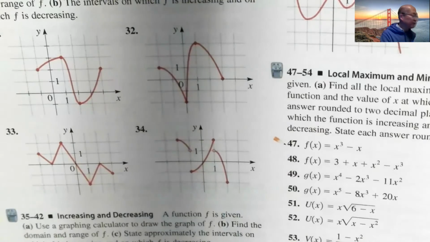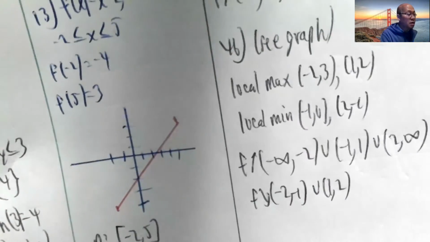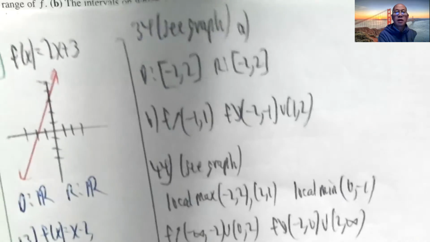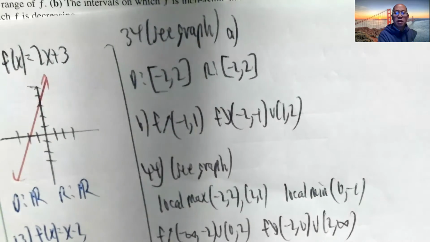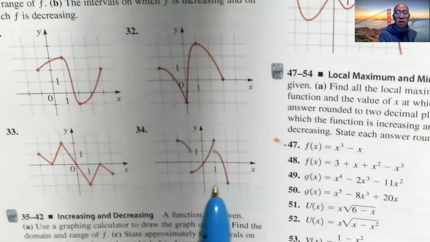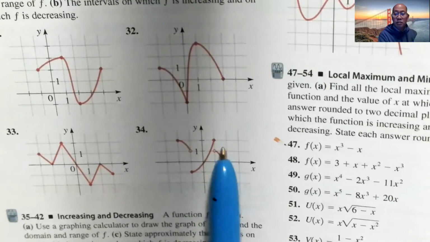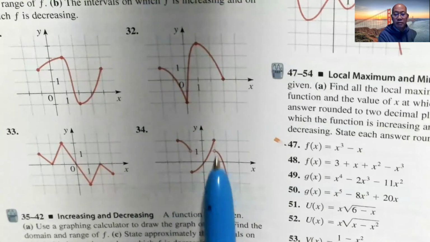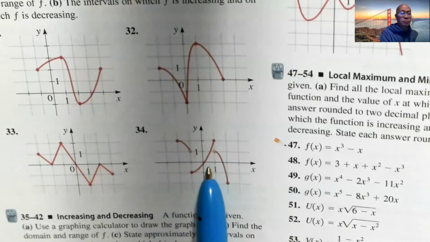So the domain for 34 is bracket -2, 2. The range is also bracket -2, 2. It's weird and strange, but it goes up to 2 and includes both of them.